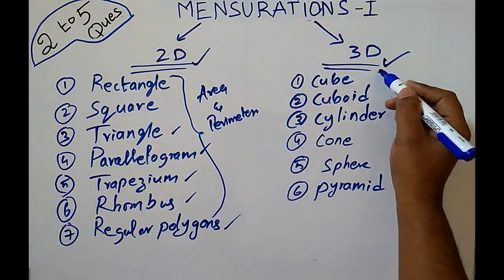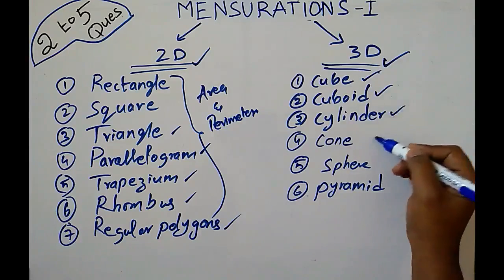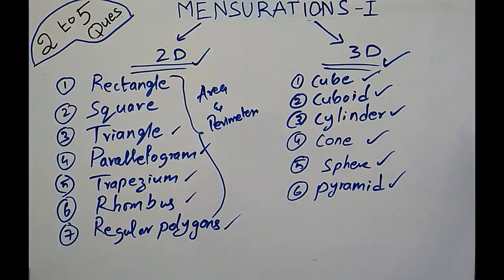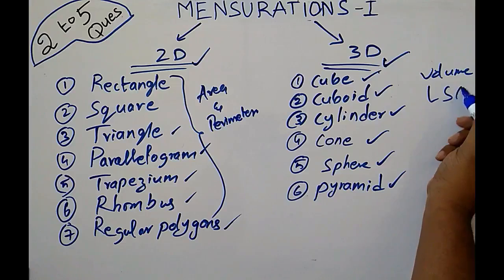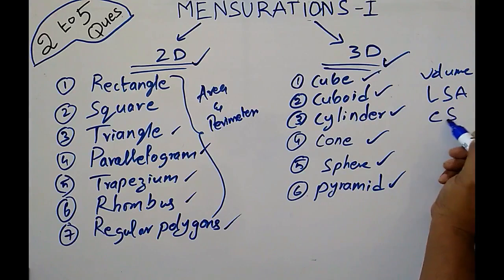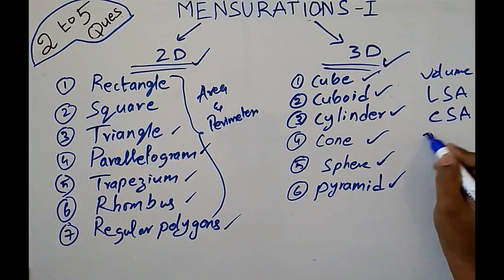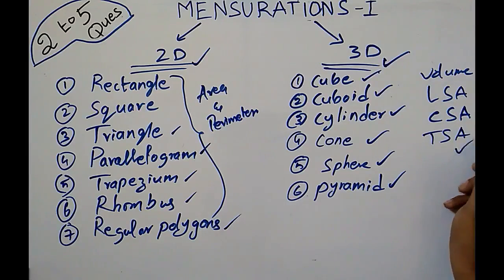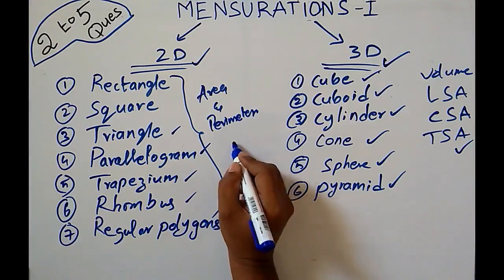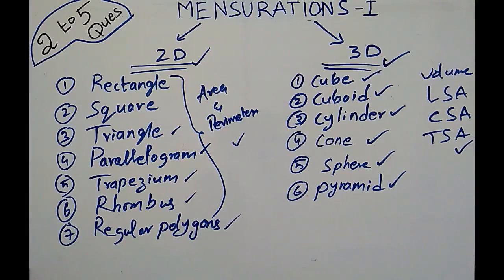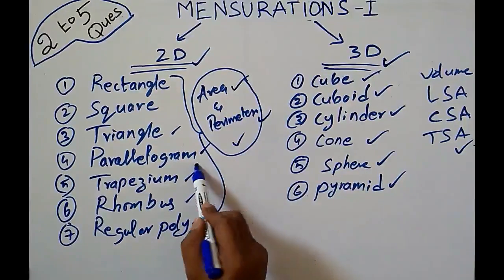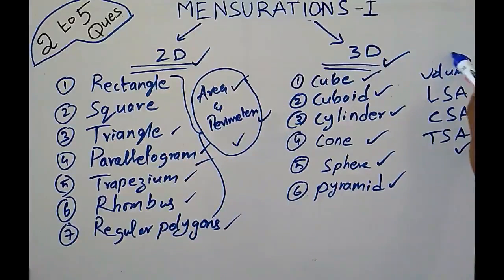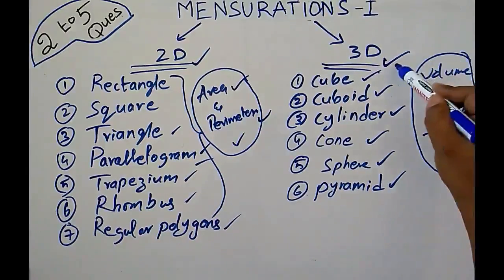If we come to 3D figures, we have cube, cuboid, cylinder, cone, sphere, pyramid. We can find volume, lateral surface area, which is also called curved surface area, and total surface area. All these dimensions we can find in mensuration. So we can expect questions based on area and perimeter in 2D figures, and based on these dimension values from the 3D figures.